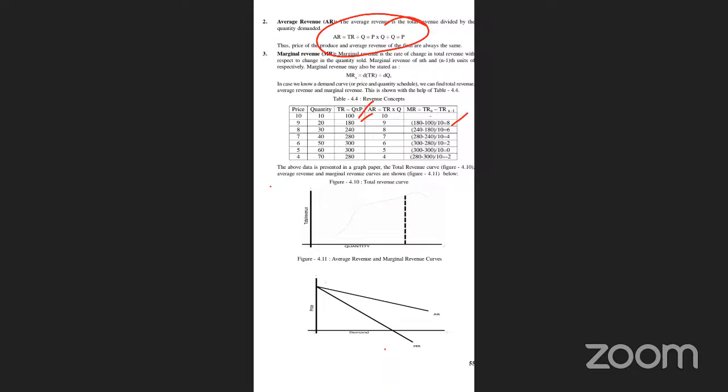Similarly, 240 minus 180 divided by 10. Marginal revenue is actually derivatives. If you simply use derivatives just now, how I showed, it will be easy for you.